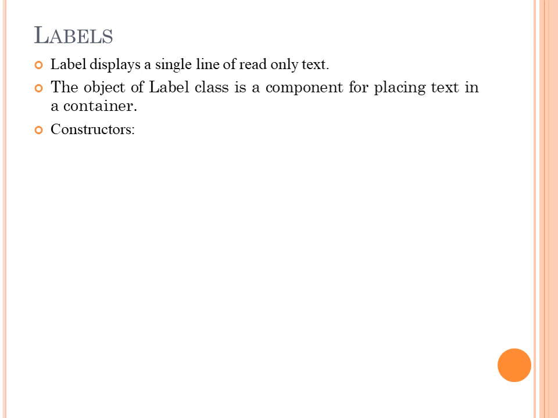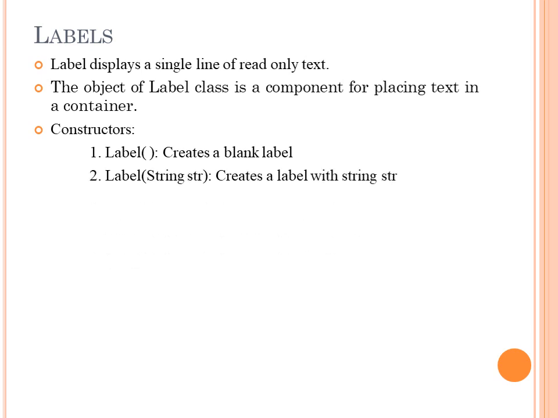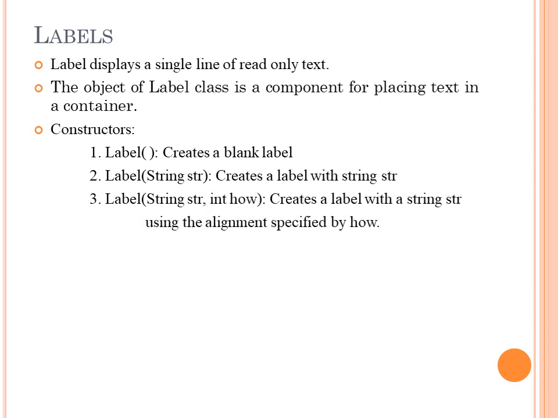Now let us see what are the constructors of a label. The first one is Label(), that will create a blank label for us. Second one is Label(String str). It creates a label with string str. Third one is Label(String str, int how).